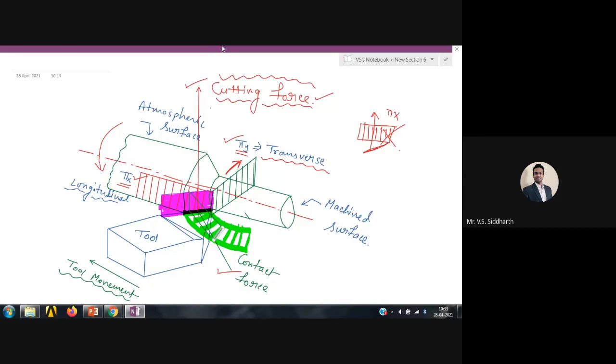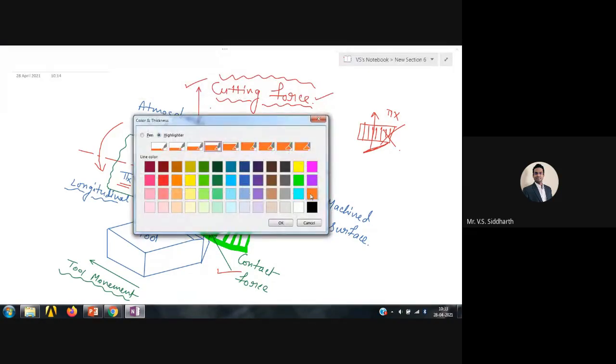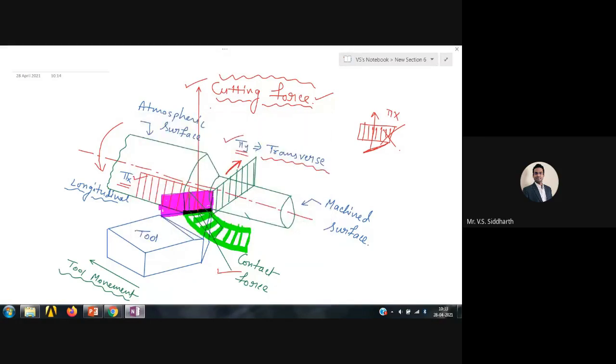Another plane will be perpendicular to the side cutting edge. Like this is another plane which is perpendicular to the side cutting edge.